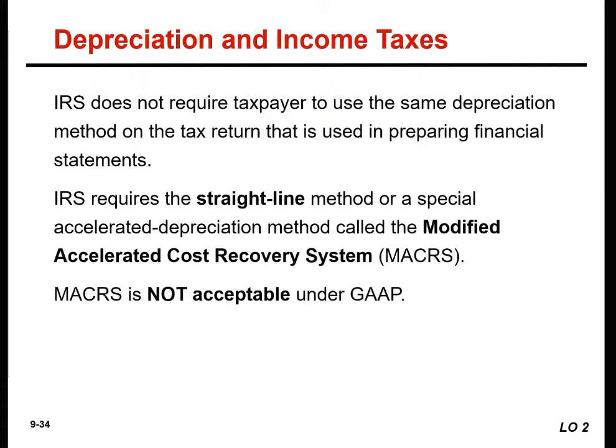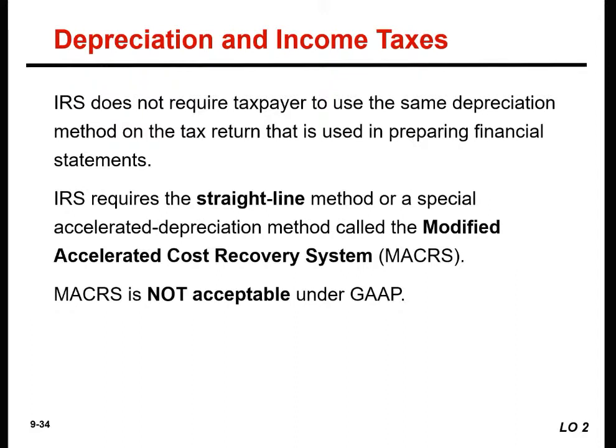For tax purposes, taxpayers must use on their tax returns either the straight line method or the special accelerated method that applies only to income taxes, called the Modified Accelerated Cost Recovery System, or MACRS.